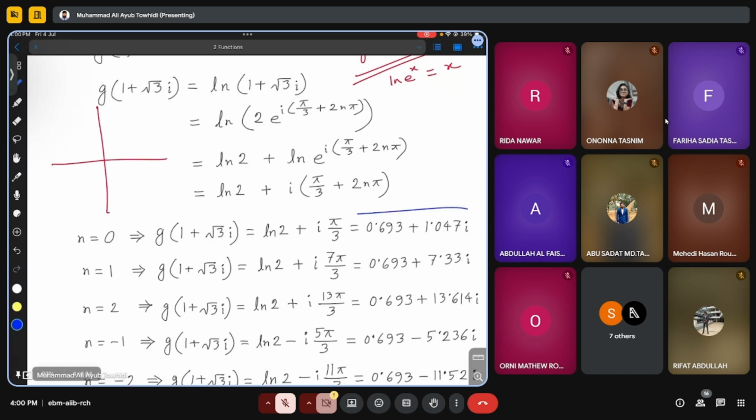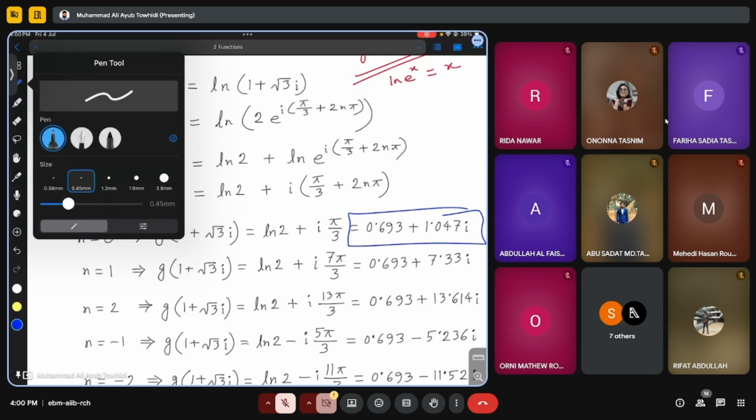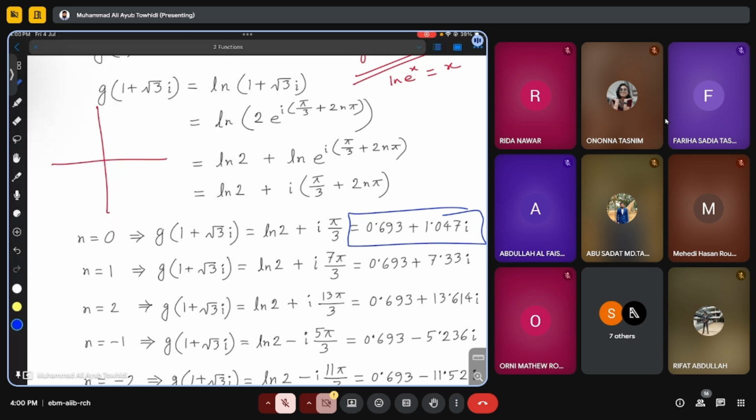Yeah, let's think about this first point, Ananya. 0.693 plus 1.04i. On the graph, how should it look? Somewhere here in the first quadrant, this is 0.693 and this is 1.047 or whatever.